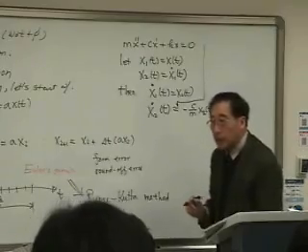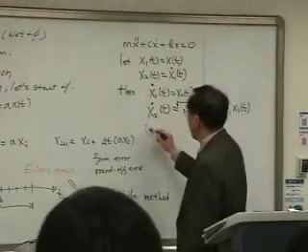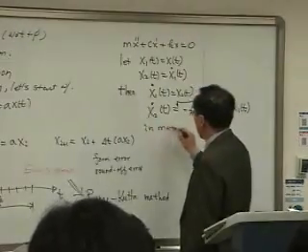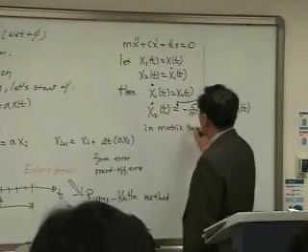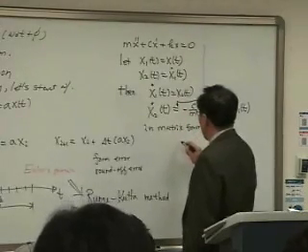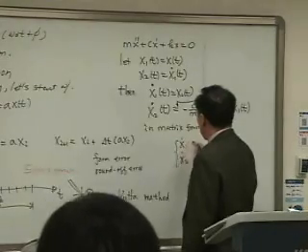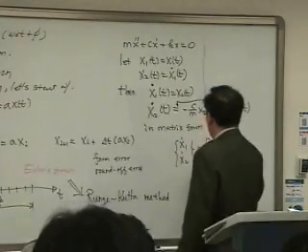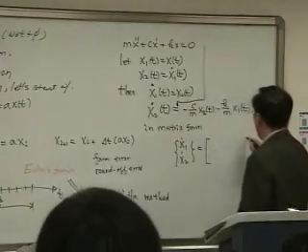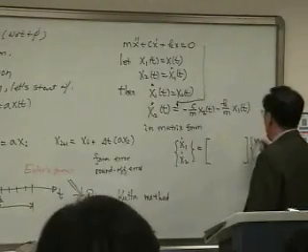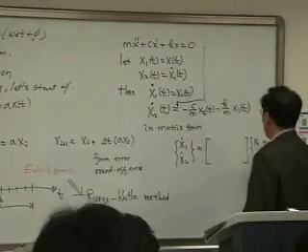Then I can write this in matrix form: x1, x2 dot is equal to some matrix times x1, x2.